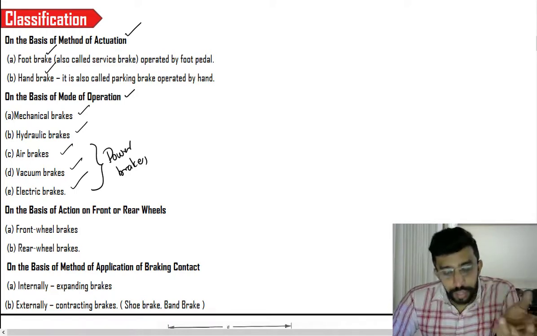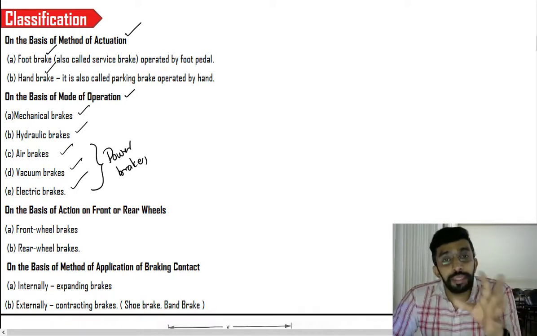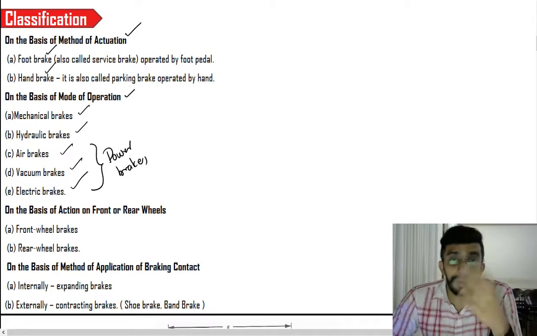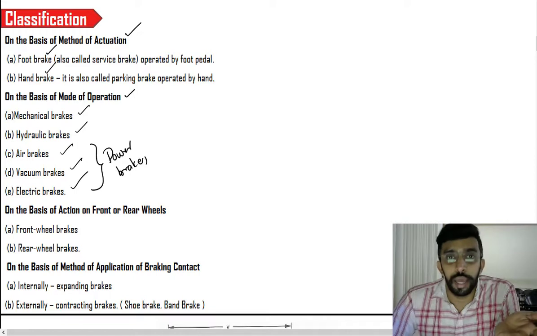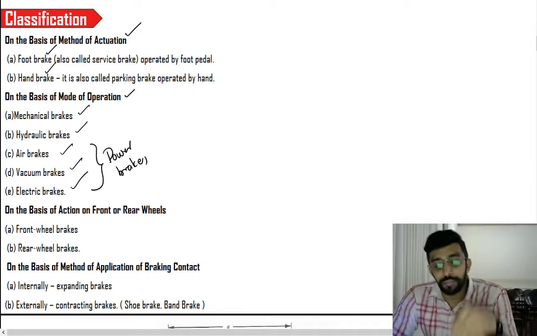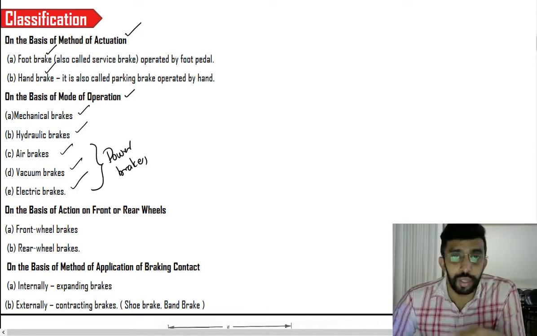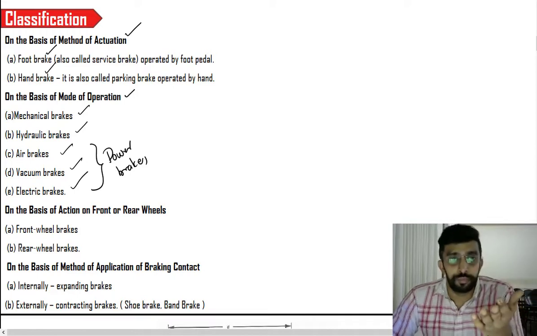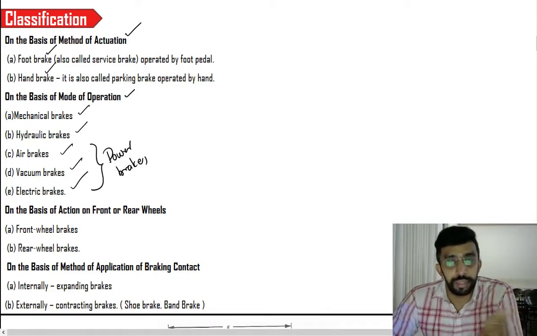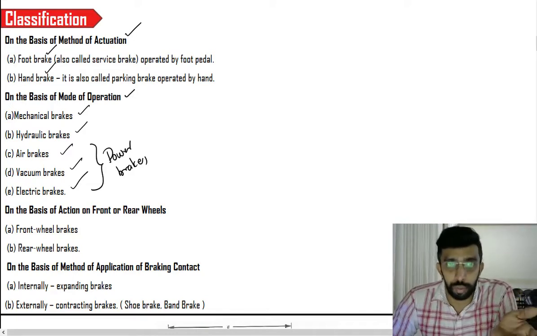But mechanical brakes are nothing but we are applying some amount of mechanical force directly. Mechanical forces are being transferred to the braking element. But when it comes to hydraulic brakes, you are using a fluid. You might have noticed the oil, the brake fluids that you use in your automobile. What is the speciality?